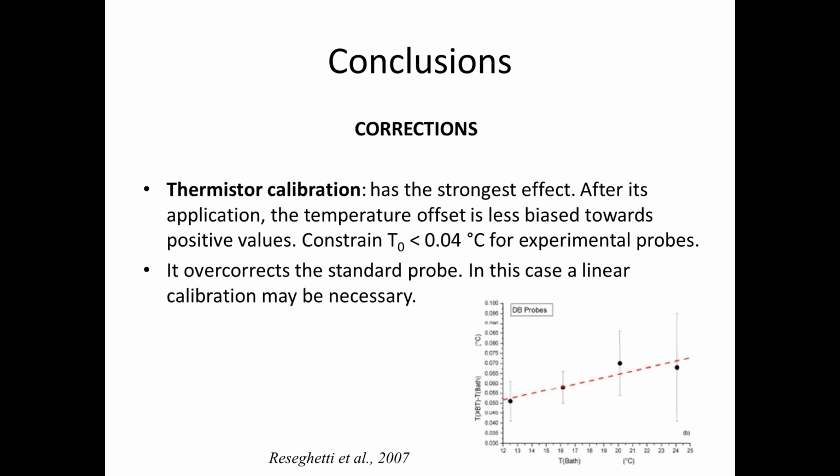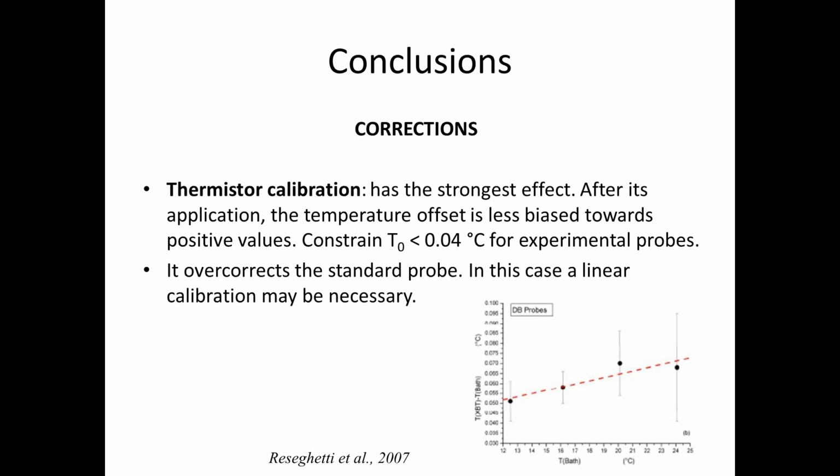We can even constrain to less than 0.04 Celsius and reduce strongly the bias in experimental probe if we use the thermistors that are more alike physically to the other. And in the case of the overcorrection of the standard probe, remember that plot that we see that the effect changed the signal, but not too much the magnitude.